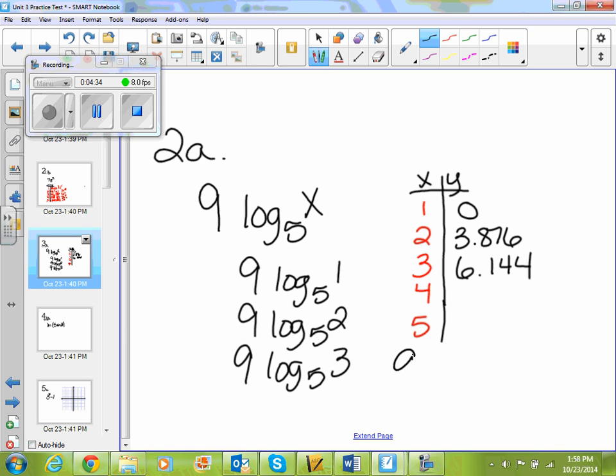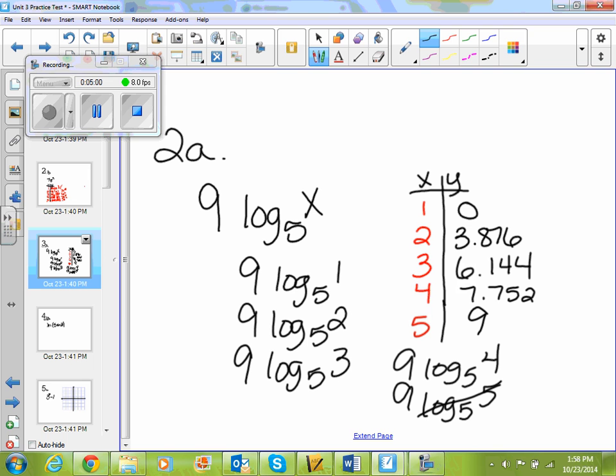All right, 9 log base 5 of 4. Perfect, 7.752, and 9 log base 5 of 5. 9, yep, because those just cancel, so we're just left with 9. Okay, so you should have got that on the first one.